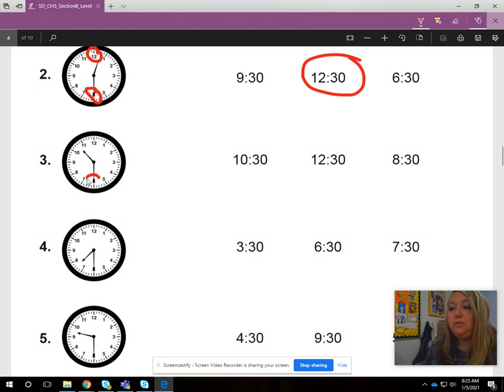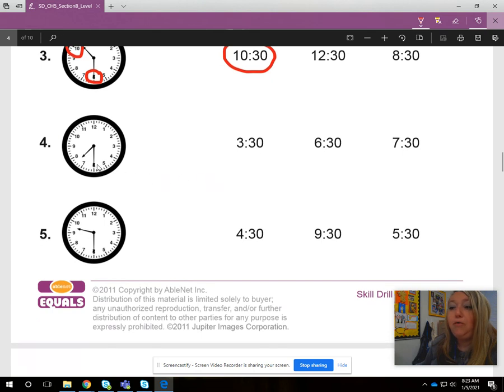On number 3, we have our long hand on the 6, so we know it's a 30. We have our 10 and an 11, and it's in between. Since the clock moves this way, we know that it's still on 10. So it's 10:30. Number 4, we know it's a 30, long hand on the 6.